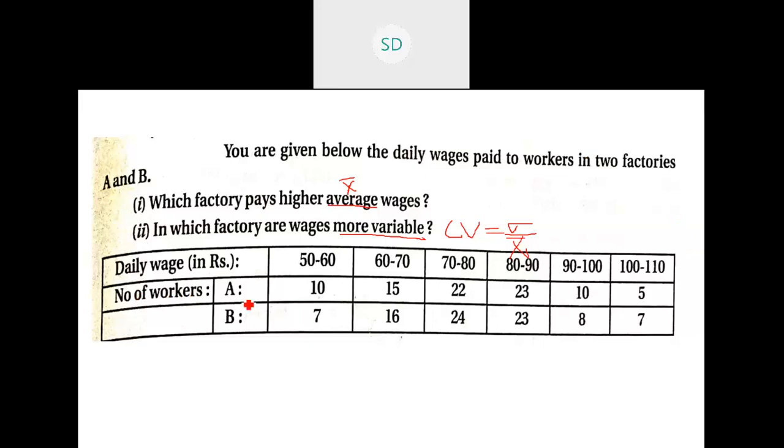And then we have two frequencies, that is number of workers in factory A and number of workers in factory B. Both of them are frequencies. Like the previous problem, that is discrete series, where we had the data of age of boys and girls in class, similarly here they have given us number of workers for factory A as well as factory B.